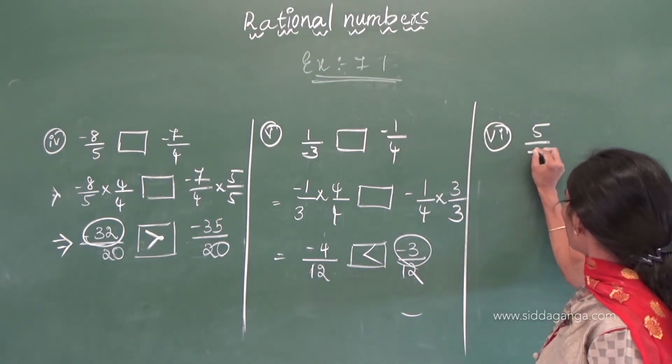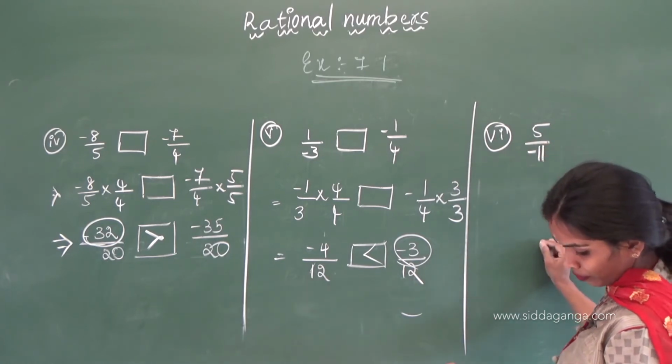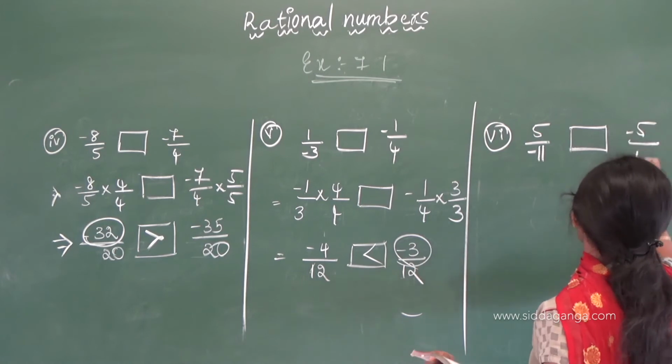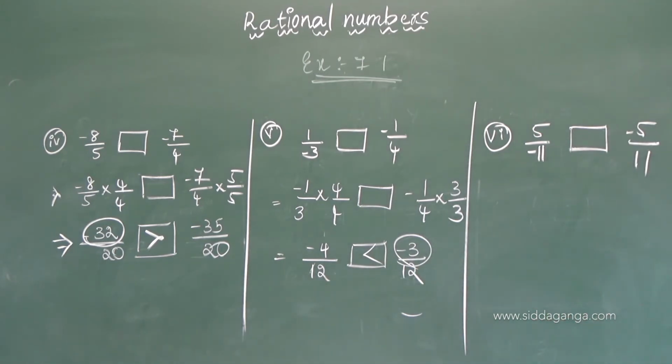Five by minus 11 and minus 5 by 11. Okay, here 5 by 11 and 5 by 11 both are the same rational numbers. Negativity is here in the denominator, here in the numerator.